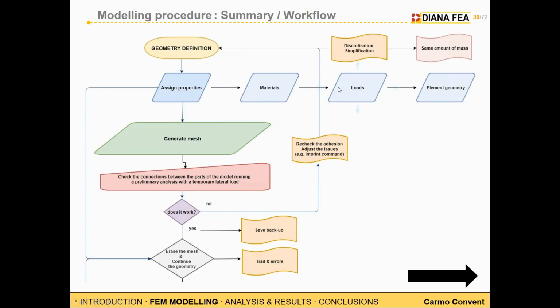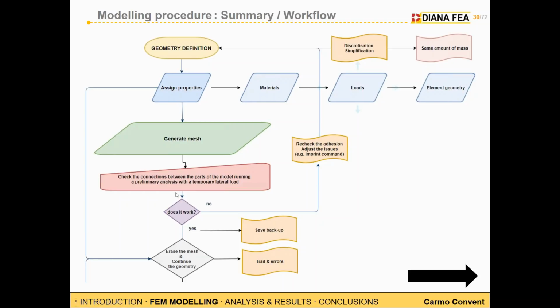Okay, in these two slides, I would like to make a kind of summary of what we have done until now, because maybe it can help you to avoid mistakes if you are going to model a complex structure like Carmo Convent.